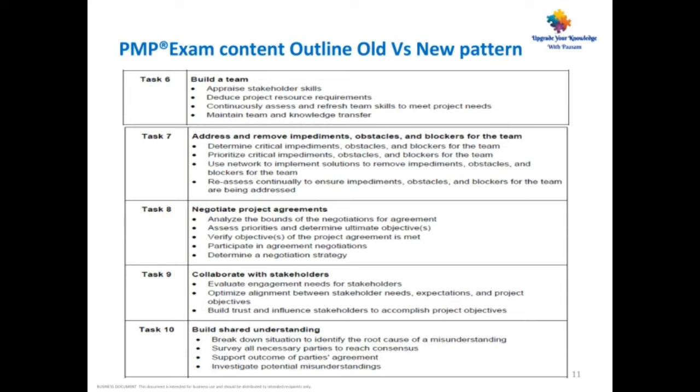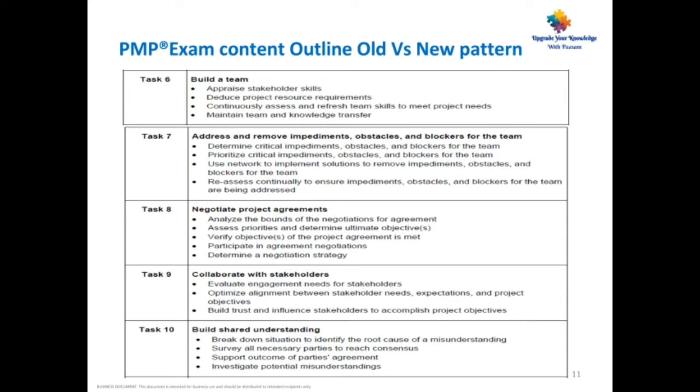Task 8, negotiate project agreements: analyze the bounds of the negotiation of agreement, assess priorities, verify objectives of the project agreement, participate in agreement negotiations. Task 9, collaborate with stakeholders. This was there in the executing domain in the old version.